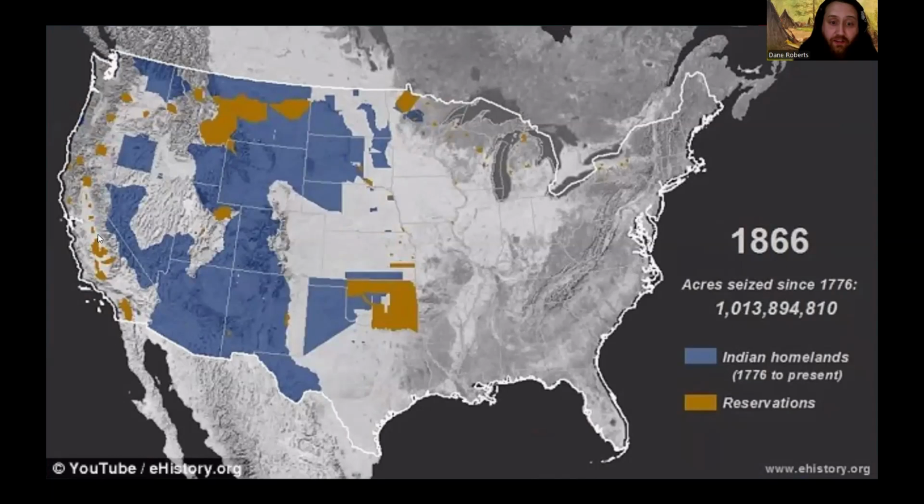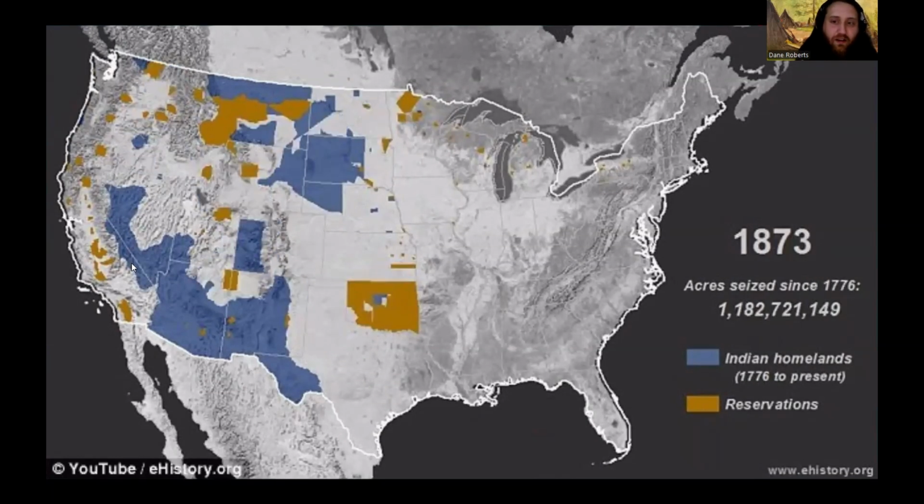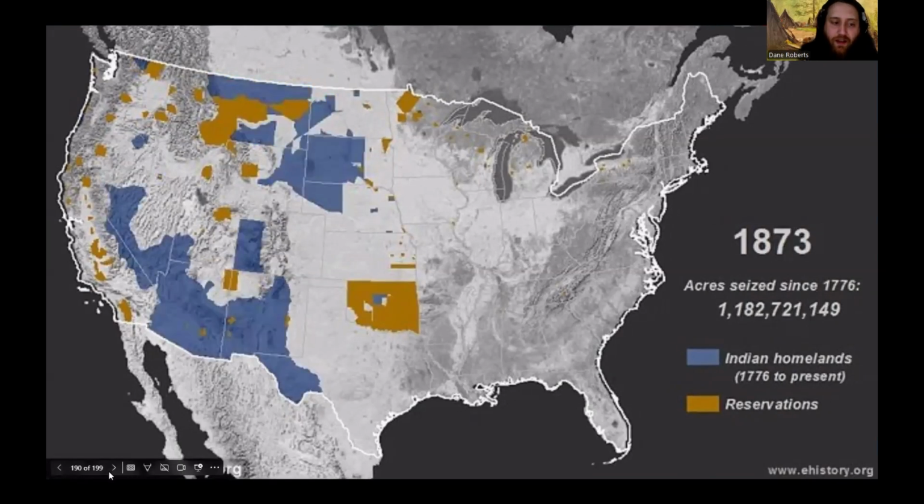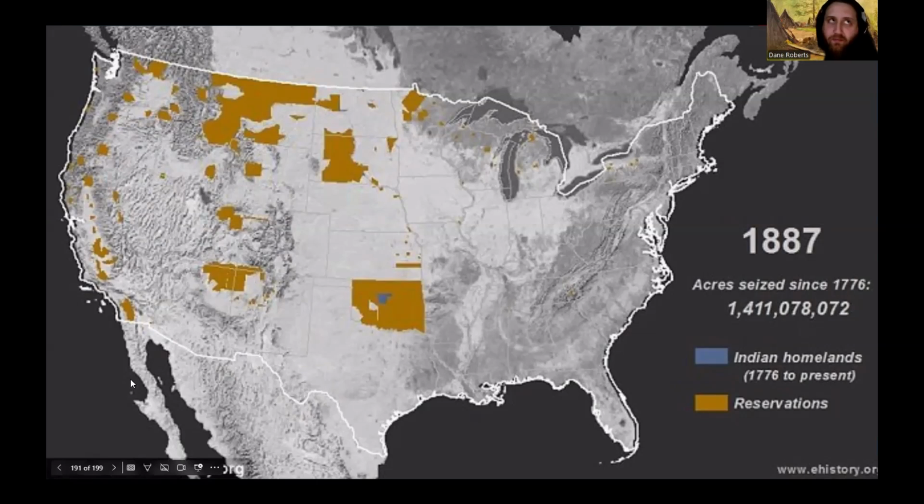And then this, again, is all of the land that the Native American peoples of California lost, and really all of the West Coast lost to the United States in just 15 years, going from 1851 to 1866. And this is all the land that they lost from 1866 just to 1873. It's just 7 years. And this is all the land that the Native American peoples of California and the United States as a whole lost to the United States by 1877. So again, just under 14 years.